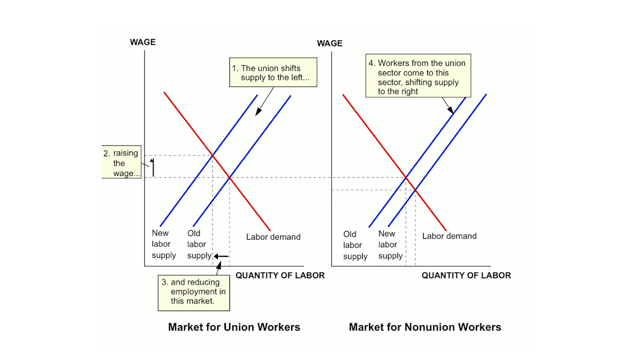So that's where the extra labor goes. But here, of course, since you shift the labor supply curve, you're going to get a lower wage. And so effectively, with the supply and demand model working this way, and with competitive markets, the union pressure to have higher wages works for the union members, but it must have this offsetting effect for the non-union members. So that's what the supply and demand model tells you.